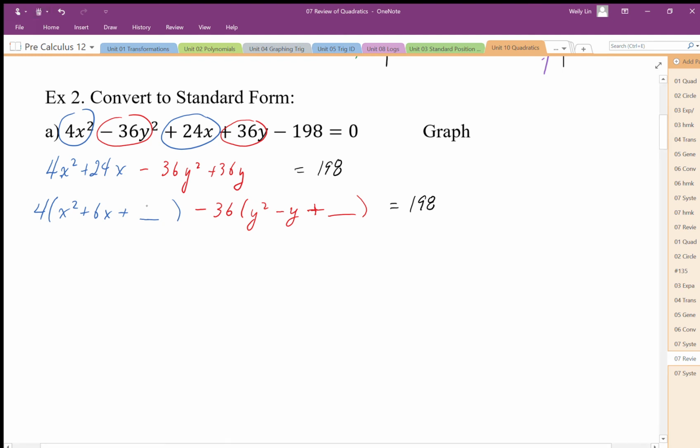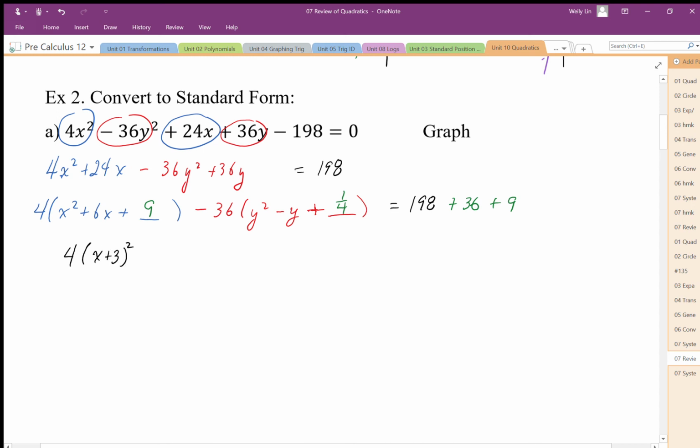So I'm going to end up with 9. I need to balance that with 4 groups of 9. I'm going to do this one with 1/2 squared. And I need to balance that with 36 groups of 1/4, which is 9. So I've completed my square, I balanced my expression, and now I'm going to rewrite this in the completed square form.